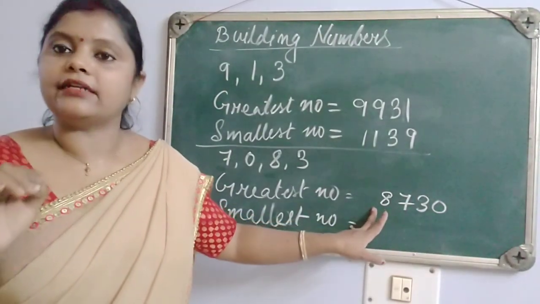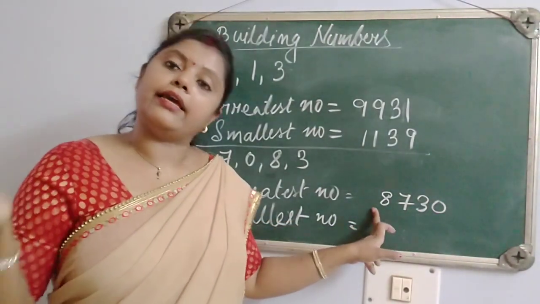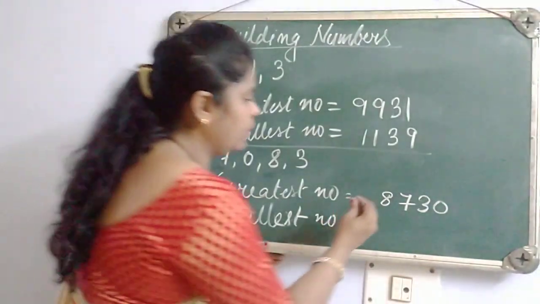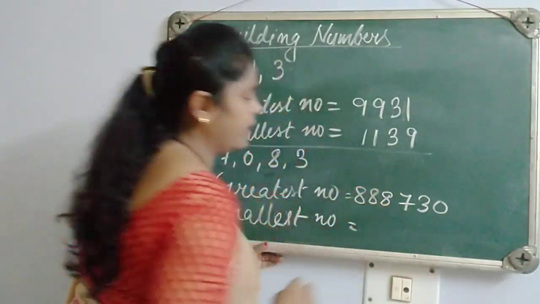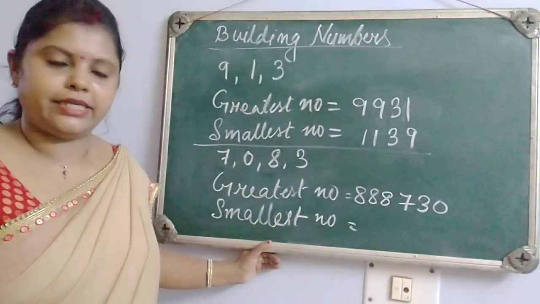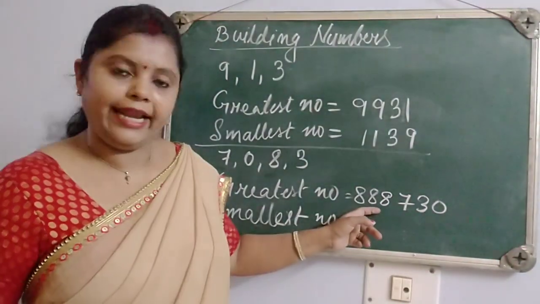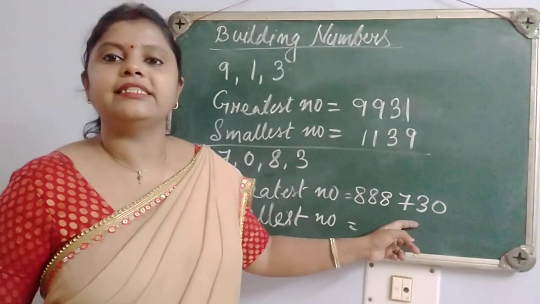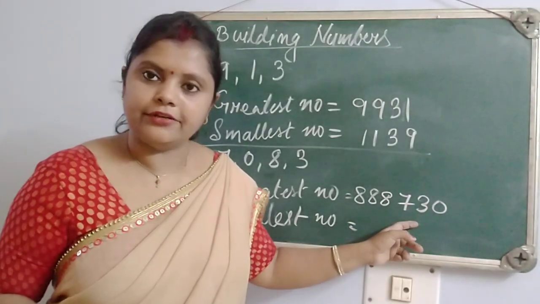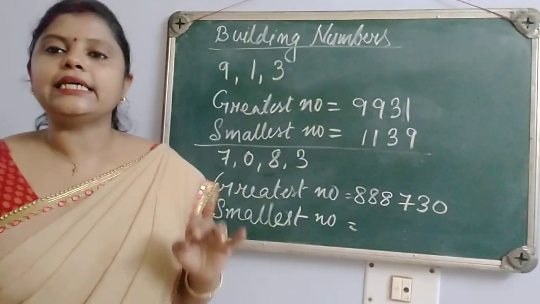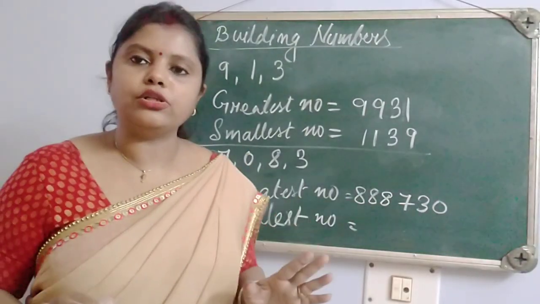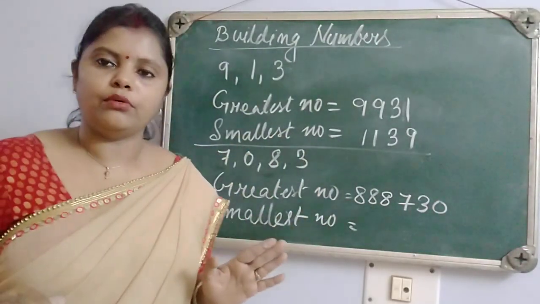Means if 8 is at the beginning, we will write 8 again in the beginning only. So what we have to write? Again 2 times 8. So what we have got actually? We have got 8,88,730.